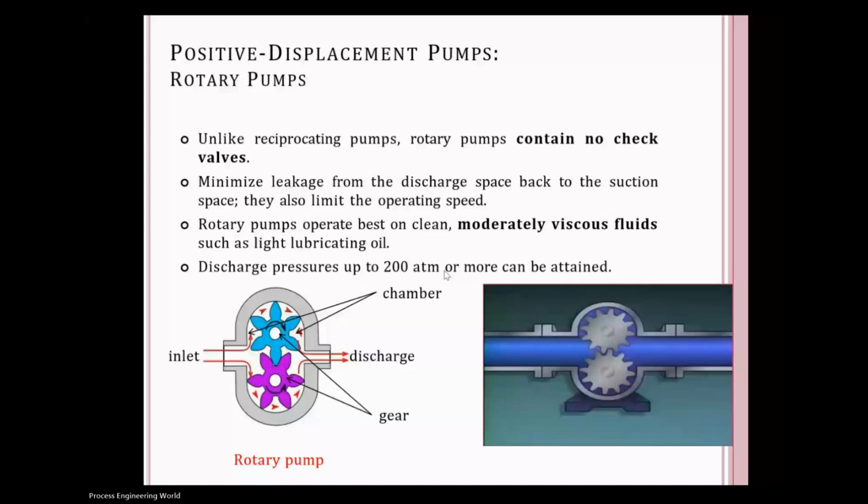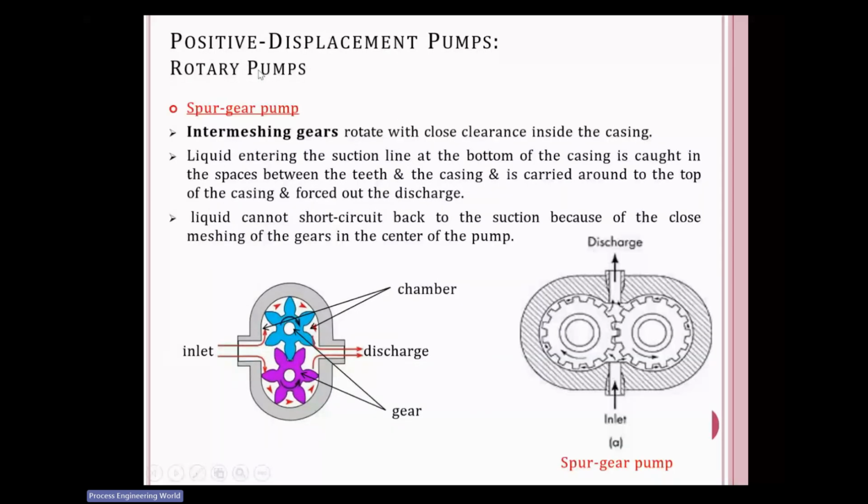So in rotary pumps you have spur gear pumps where the gear is inside. If the gear is vertically mounted, it looks like this, and if it is horizontally aligned, it looks like this. The inlet is here in the horizontally aligned and the discharge point is here.